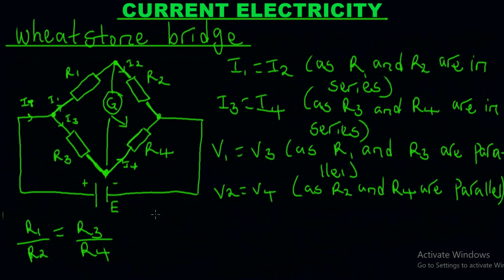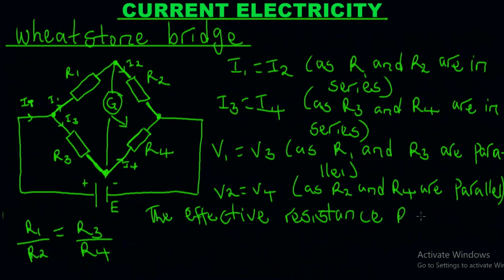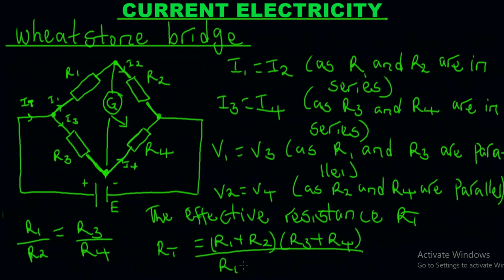It also has this formula. We can denote it as RT, and for the Wheatstone bridge, the effective resistance is given by R1 plus R2 times R3 plus R4, divided by the addition R1 plus R2 plus R3 plus R4.